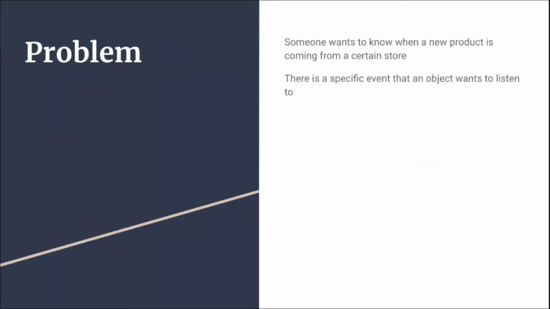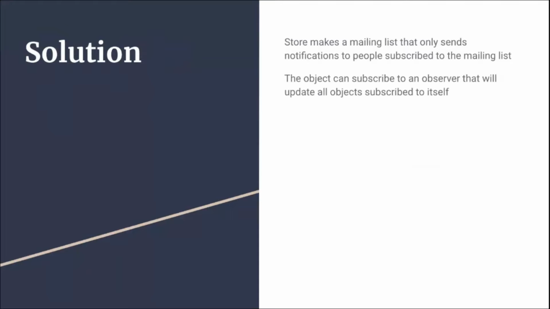This is similar to having, in code, an infinite loop that keeps on checking to see if a certain event has happened, and then the loop stops when said event has happened. As you already know, this is pretty inefficient because the majority of the time, the product will not have been at the store or the event will not have happened, and that's just wasted resources. Next slide, please.